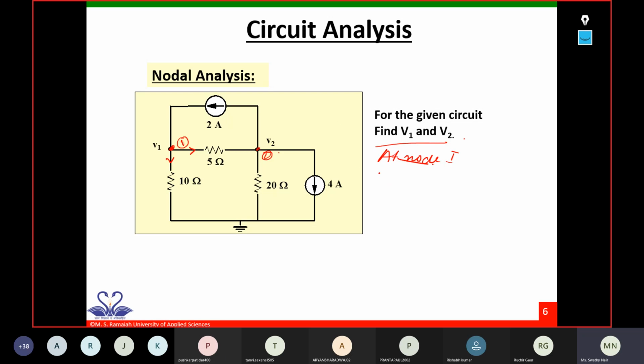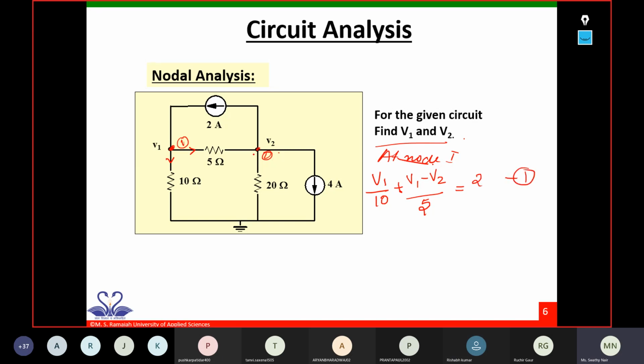Tell me the equation at node 1. V1 by 10 plus (V1 minus V2) by 5 is equal to 2. This is equation number 1.